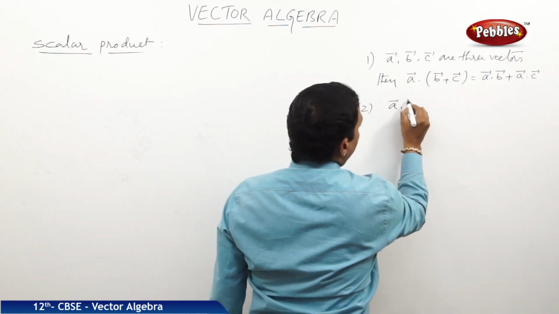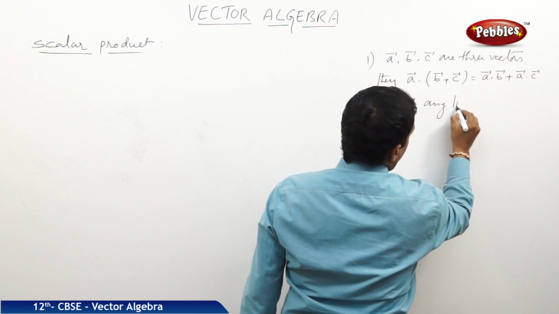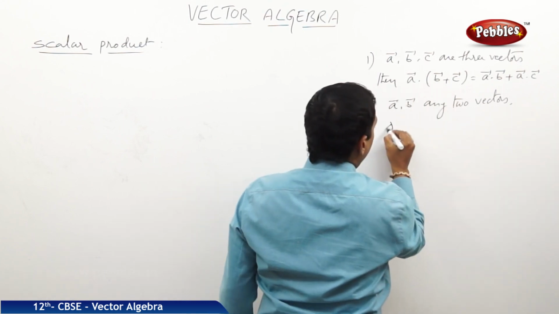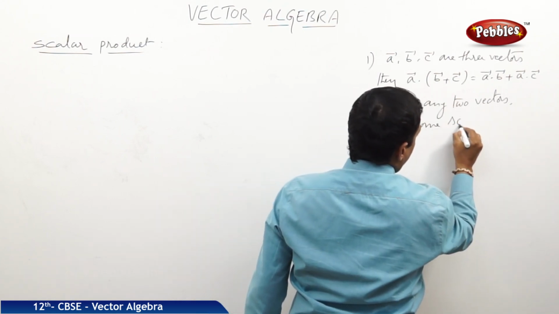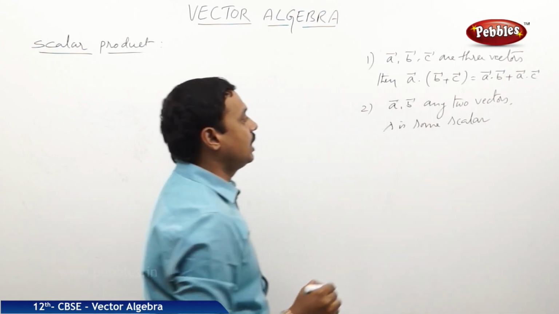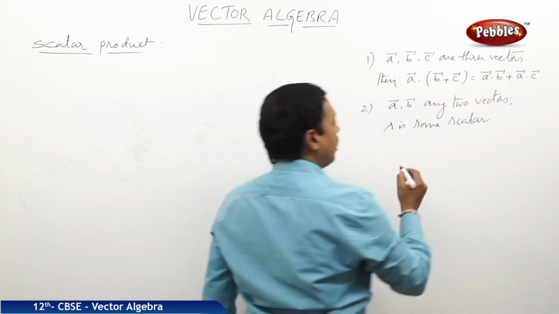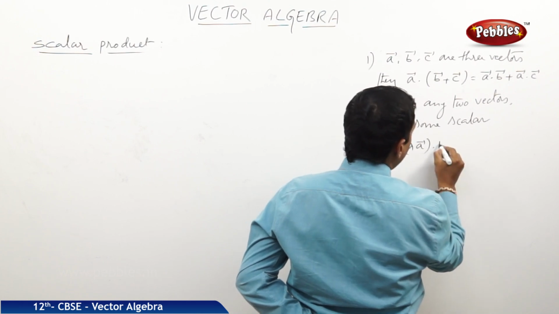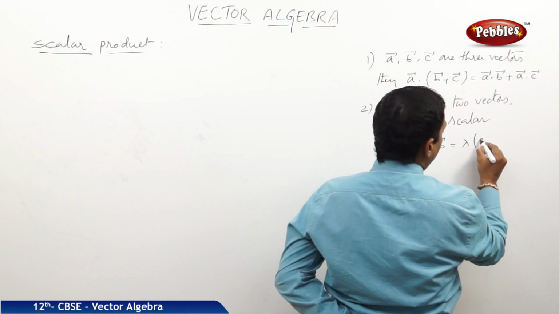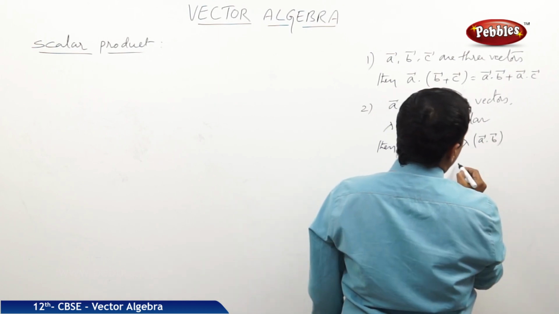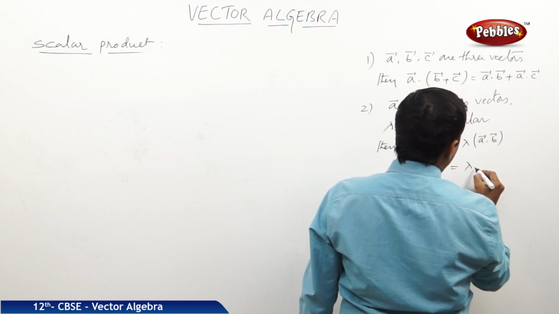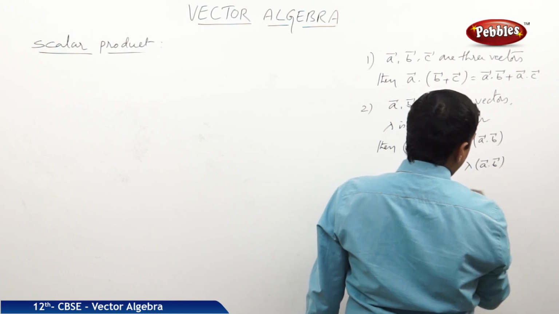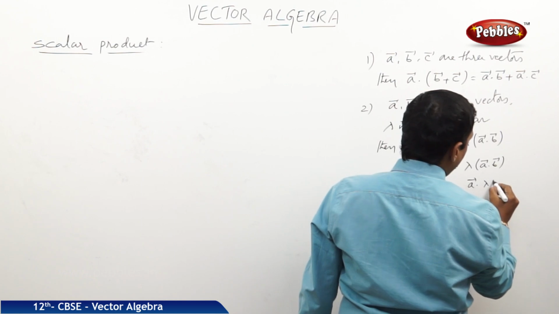Suppose a bar, b bar are any two vectors and lambda is some scalar, then lambda into (a bar dot b bar) is equal to (lambda a bar) dot b bar, and it is also equal to a bar dot (lambda b bar).